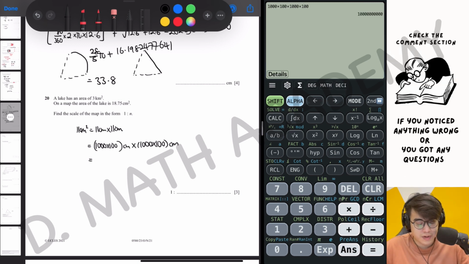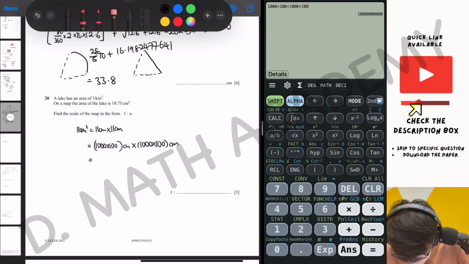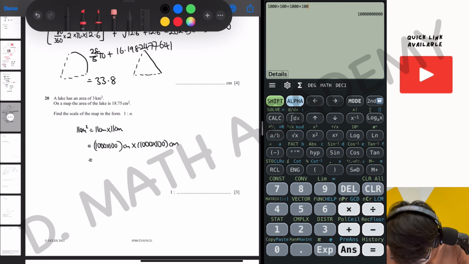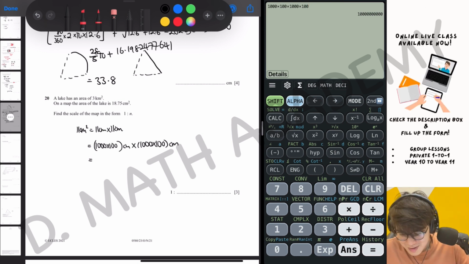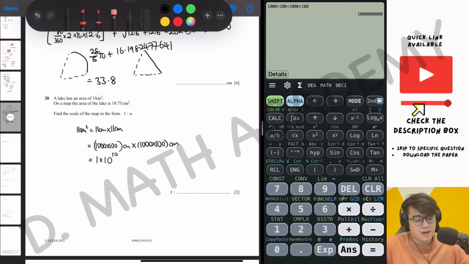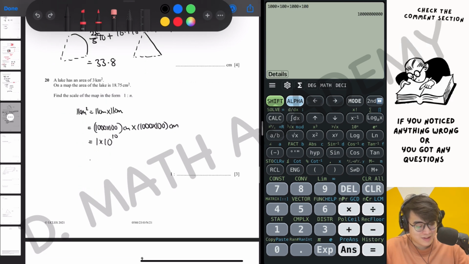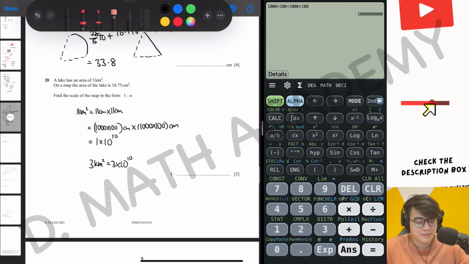How many zeros is here? Let me count. That is 10 zeros. And then since we have 3 kilometers square, let me write that down. 3 kilometers square will become 3 times 10 to the power of 10.